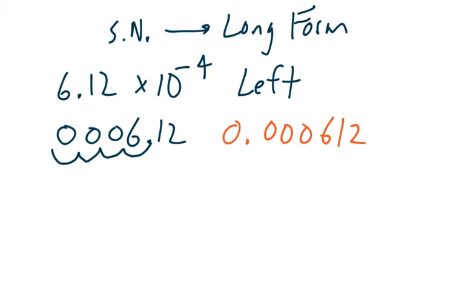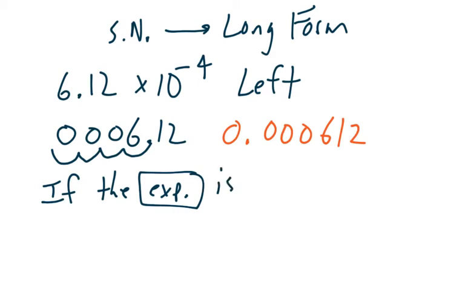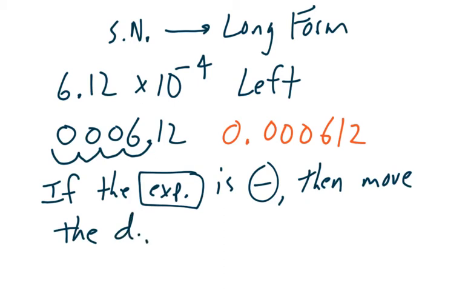So let's follow this up with a rule. When you're going from scientific notation to long form, and you see, okay, if the exponent, again abbreviating, is negative, as in this example, then what we're going to do is move the decimal point, and notice what we did, move the decimal point to the left.